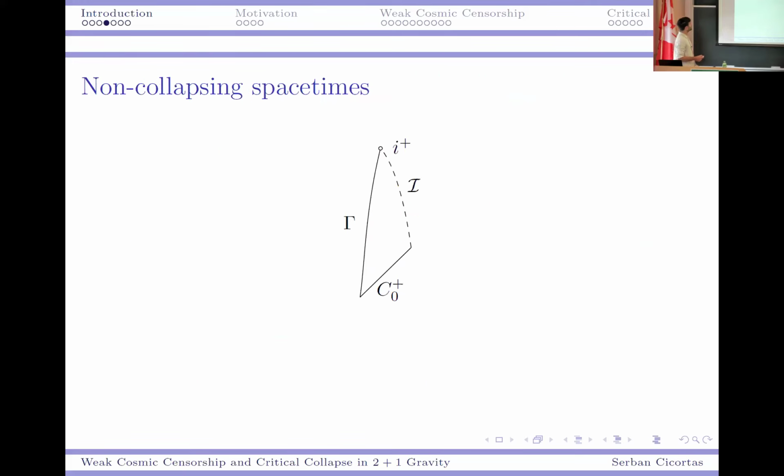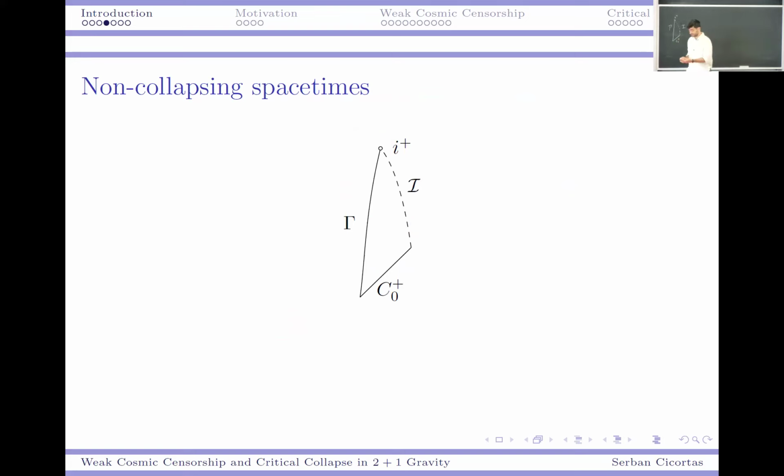First of all, non-collapsing spacetimes. These are spacetimes which have the following Penrose diagram, and let me draw this here because I'll want to refer to it later. In this case, I have my center gamma, which extends all the way to little i plus, and this is my null infinity. Again, this arises from data on an outgoing cone C0 plus.